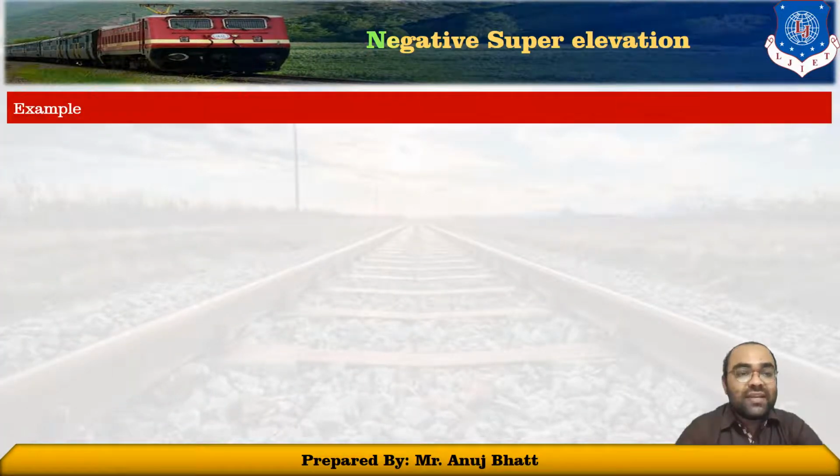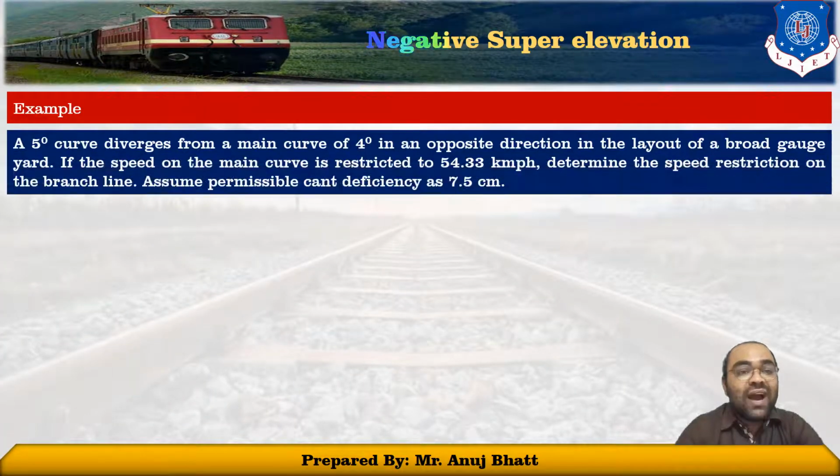The question is: a 5-degree curve diverges from a main curve of 4 degrees in the opposite direction in the layout of a broad gauge. If the speed on the main curve is restricted to 54.33 km/h, determine the speed restricted on the branch line.